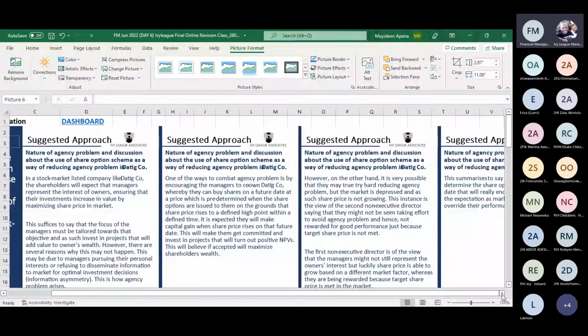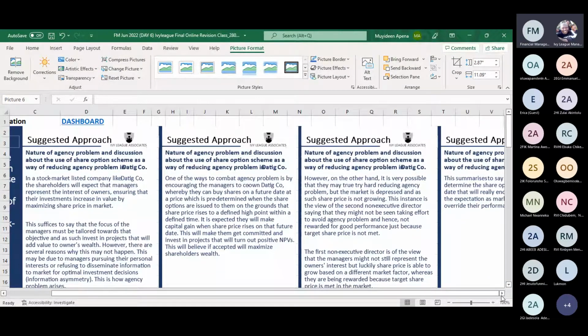So you think that, since the target is that they should maximize the share price, and the share price is increasing, the managers have met the targets. So that director is saying that you may be rewarding them for what they have not done.